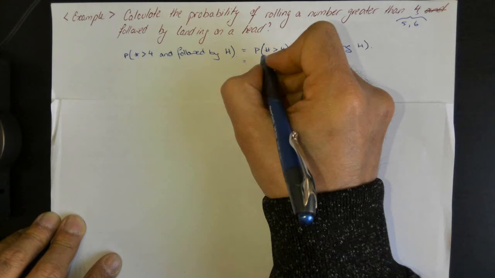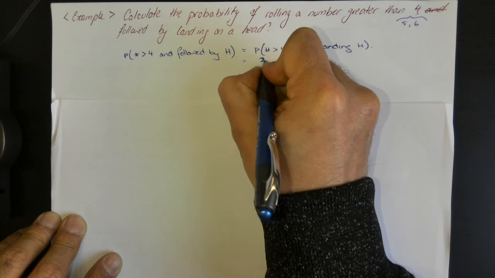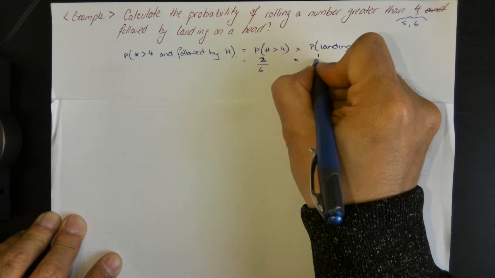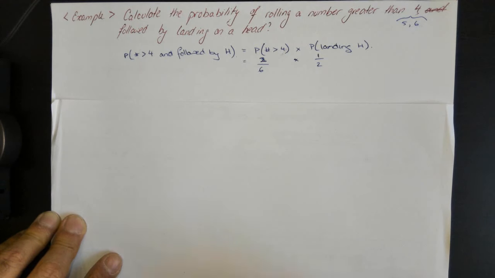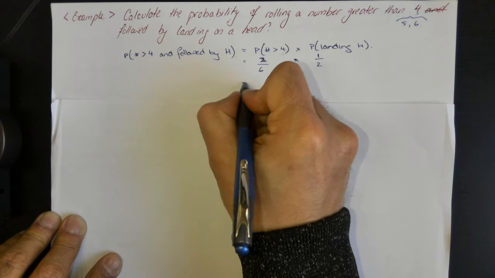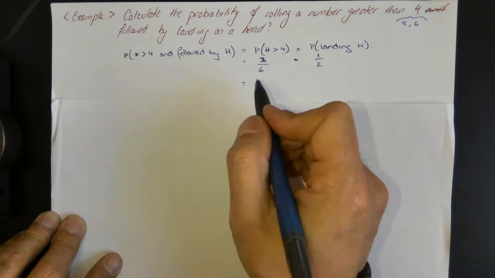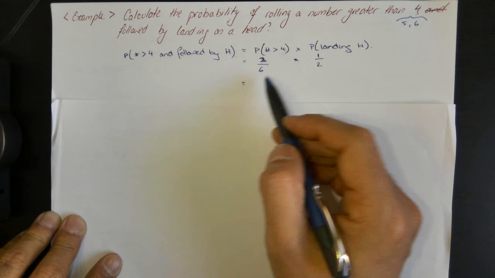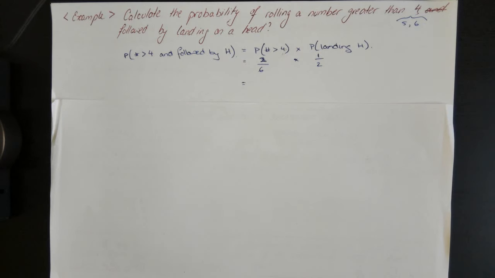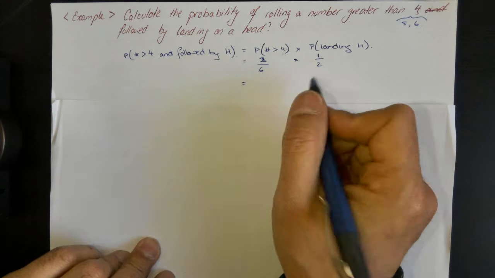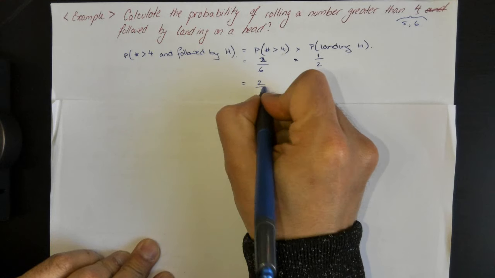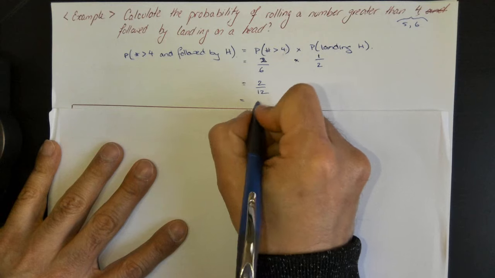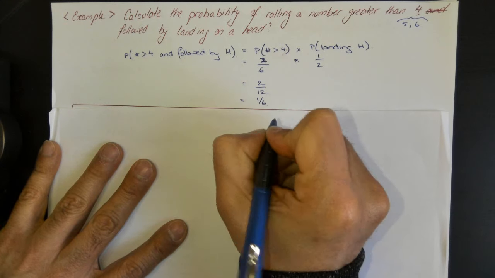We've got 2 numbers out of 6, and we've got 1 out of 2. So the probability of both events occurring is the probability of event A multiplied by the probability of event B. So 2 times 1 is 2 over 12, which we can simplify to 1 over 6.